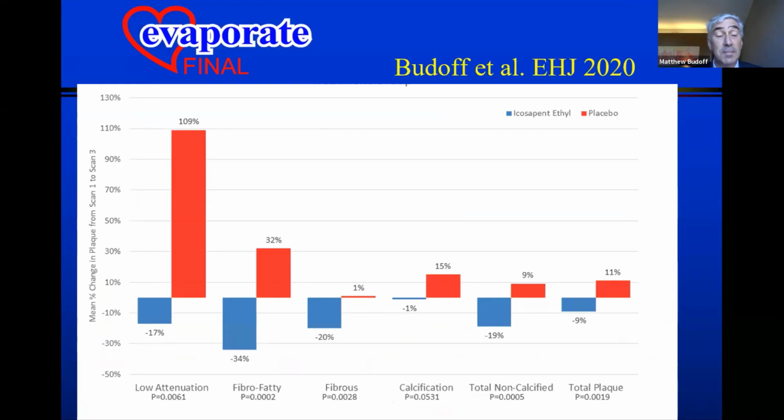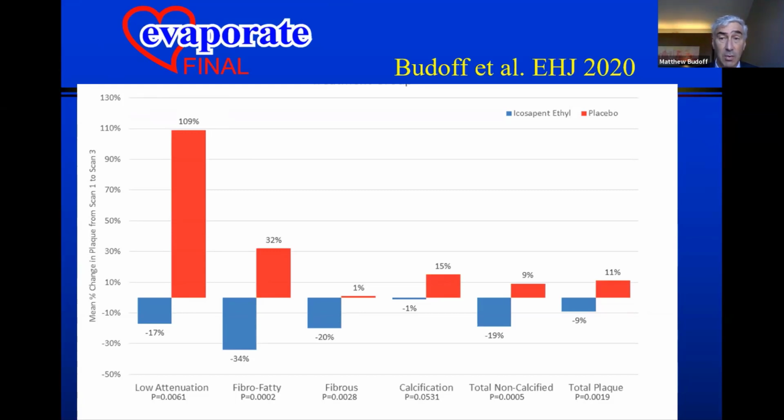Now we can see placebo in red, and we can see progression of atherosclerosis. It should be noted that everybody was on background statin therapy, but there was a very high prevalence of metabolic syndrome. All patients had high triglycerides, and 70% had diabetes. So it's not surprising that on statin monotherapy in red, you can see some progression of atherosclerosis.